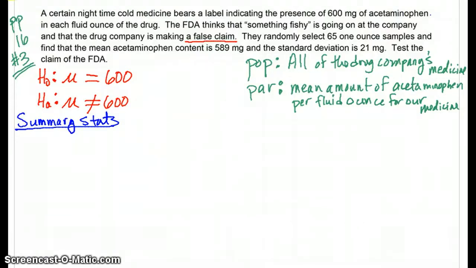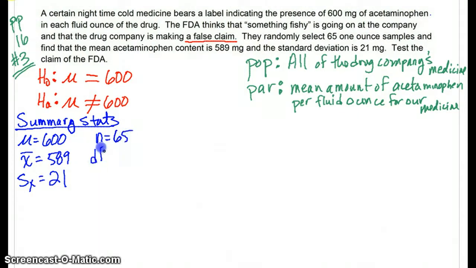First of all, let's make sure we have all of our summary stats. We have our mean for the population, mu. We have the mean of the sample, which was gathered as 589 with a standard deviation of 21. We have a sample of 65, which means our degrees of freedom will be 64. From this, we can calculate the standard error as 21 over the square root of 65.